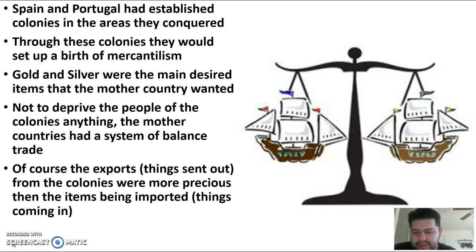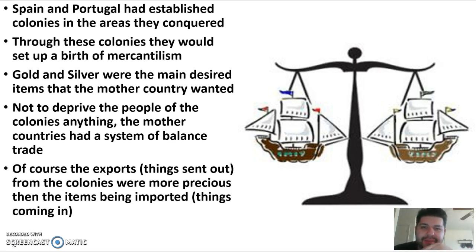Now remember, you will hear this word time and time again, not only this year, but next year as well. The difference between exports and imports. Exports are things that are sent out, exit, right? So if that helps you remember what exports means, great. So the exports from the colonies were more precious than the items that were coming in, the imports, right?